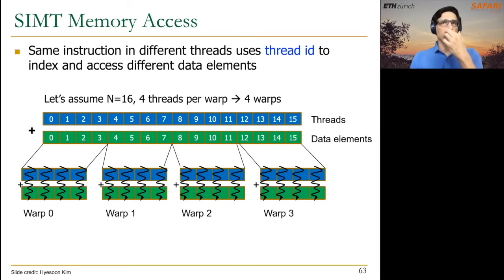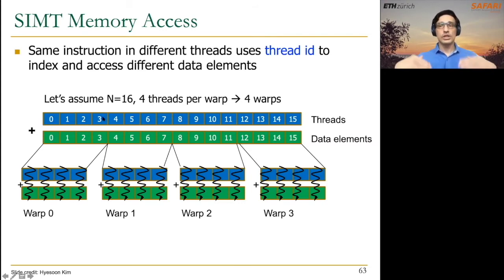Imagine this example here. Let's think that we have warps, not of 32, but for this simple example, warps of 4 threads. So if we want to process these 16 data elements that we have here, we are assigning one of these data elements to one individual thread.